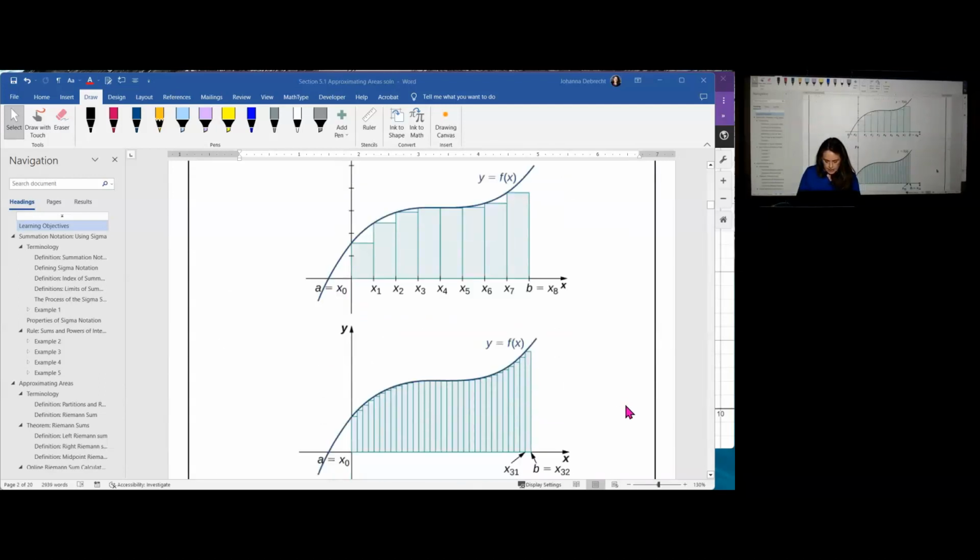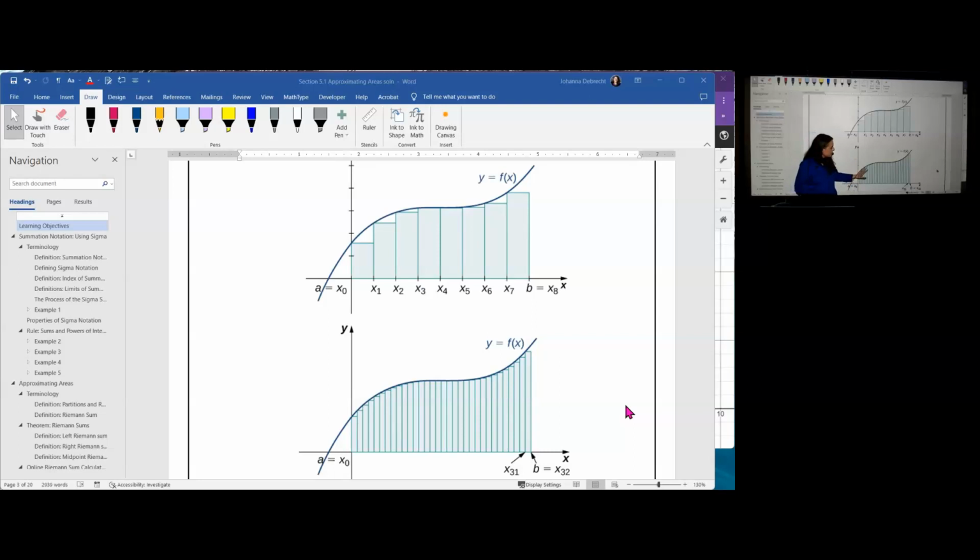Let's take a look at some examples of how we can use rectangles to approximate the area under a curve. You can see in both the first and the second picture that the rectangles are approximating the shape of the curve, the function f of x.